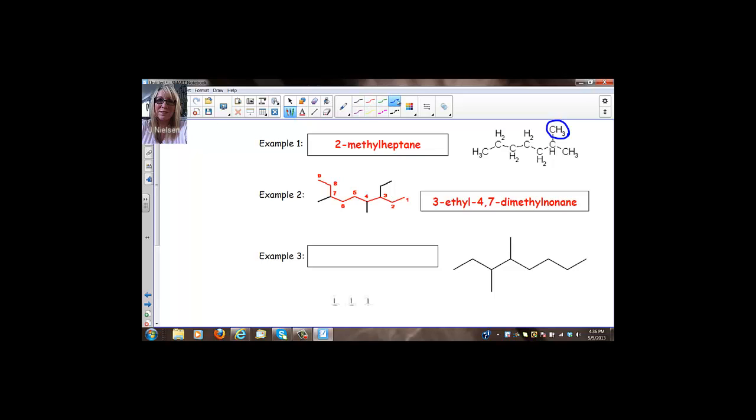So in this case, 1, 2, 3, 4, 5, 6, 7. Off the second carbon, I have a methyl group. So 2-methyl. Then I have 7 carbons in a straight chain. Prefix for 7 is hept, and it's all single bonds, so it ends in ane.